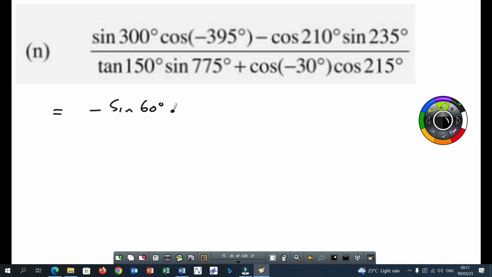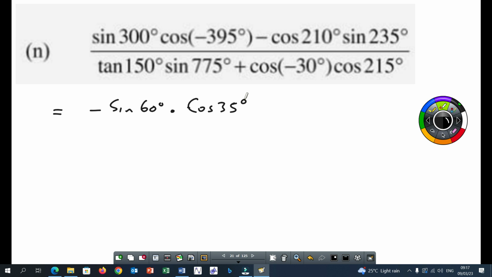Actually, this angle here is in the fourth quadrant. If you add 360, you get what? 35 degrees. So you end up getting cos of minus 35 degrees. Now, minus 35 is in the fourth quadrant. And cos is what? Positive. So I can write here cos 35 degrees.